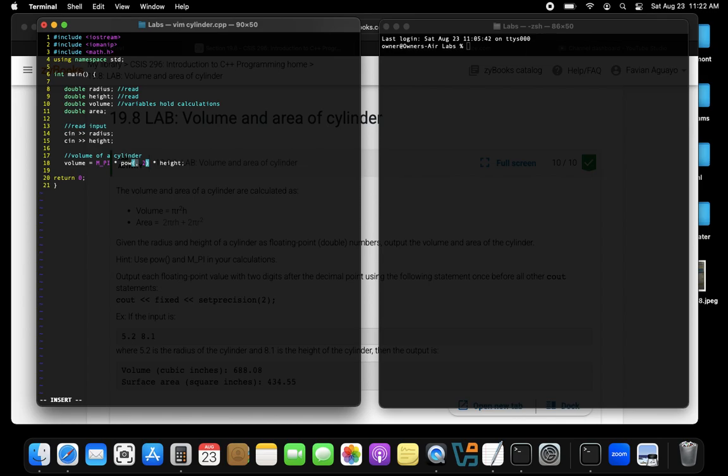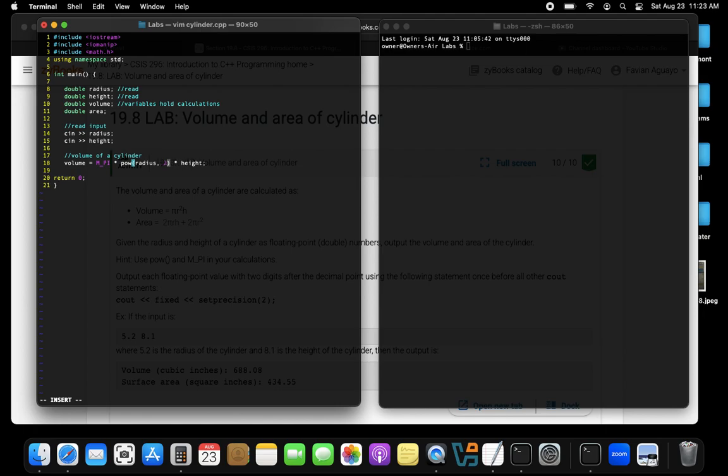So you can have, you know, 2 squared, 3 squared, 5 squared. And you can change anything you want. You know, you can do 4 cubed. But since our base is going to be our radius, it's going to take whatever we read into the radius as our base.